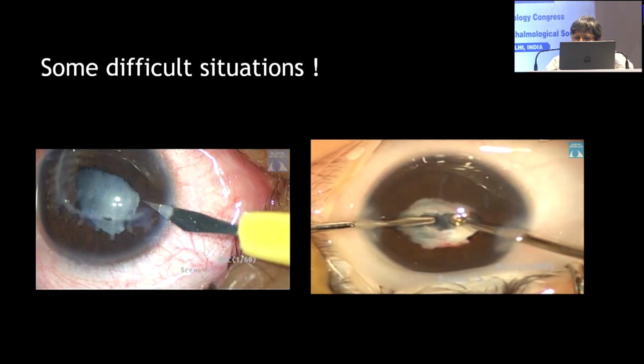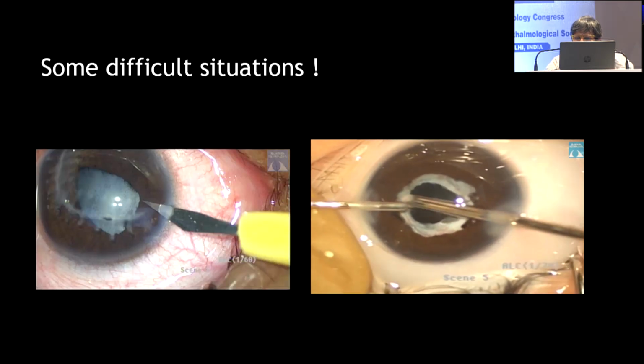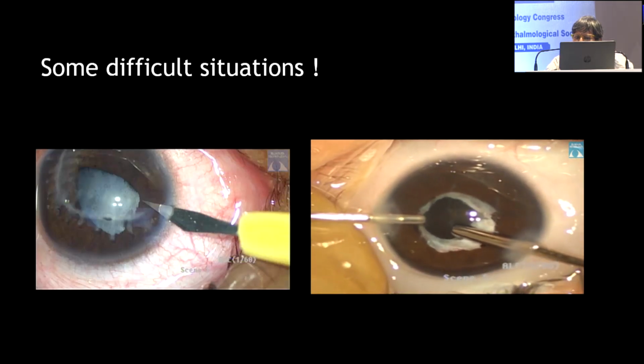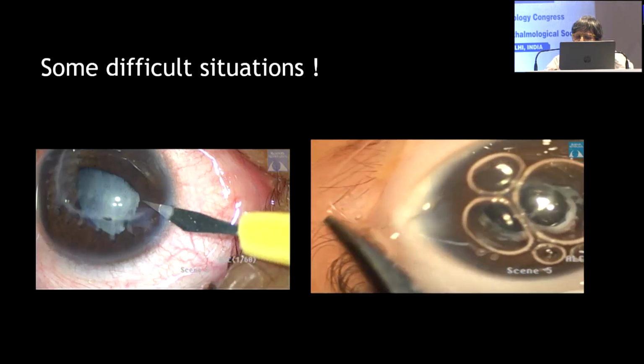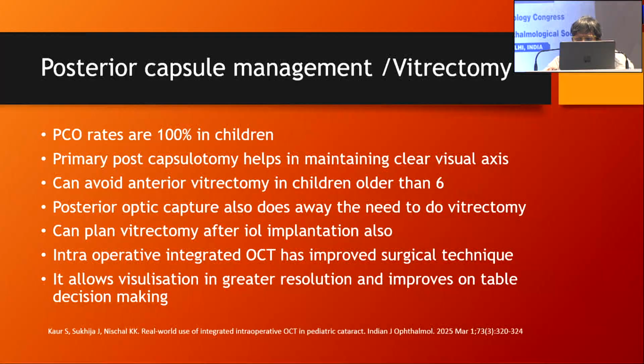And as you can see, it's just a membrane, there is not much of lens cortical matter there, but you need to have this cautery. And of course, because she had very stretched ciliary processes, I did not attempt to put an intraocular lens here.